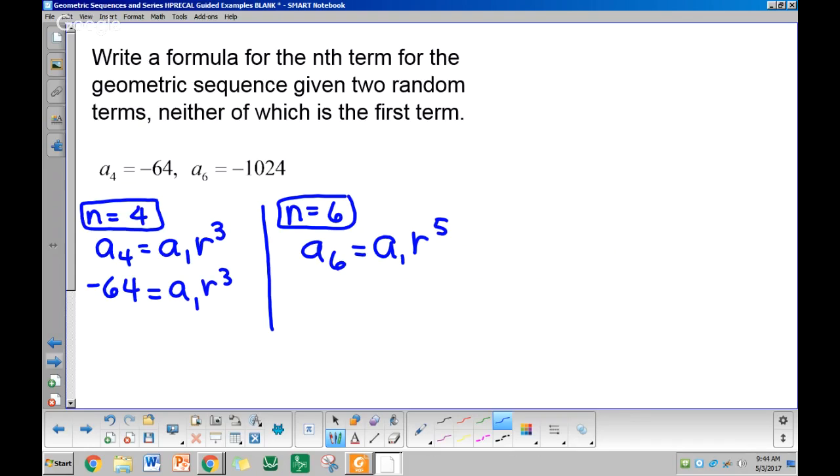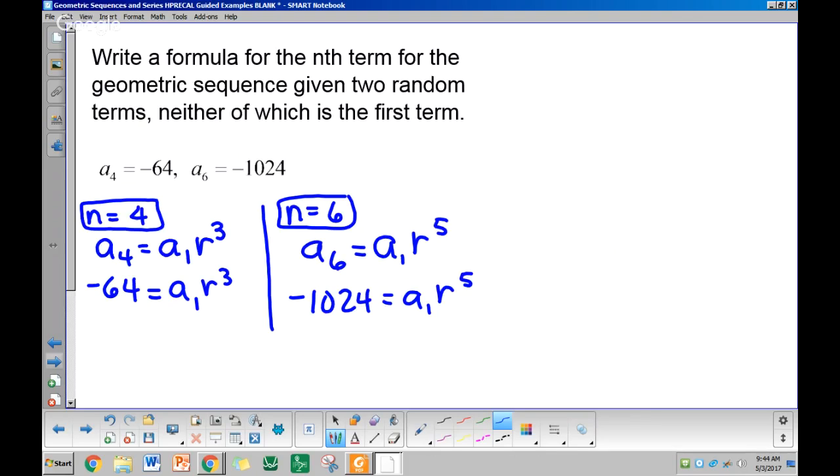But A sub 6 is negative 1024 equals A sub 1 R to the fifth. Now this is a system of equations. It's not a system of linear equations, so we cannot use combination. This is a system of exponential equations.